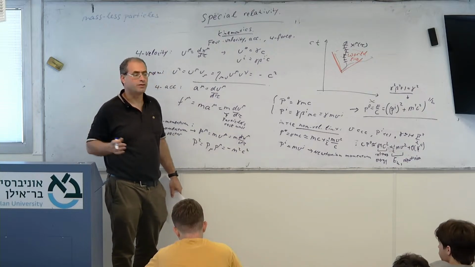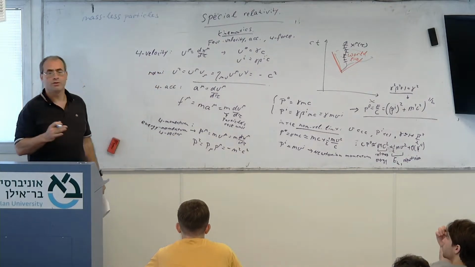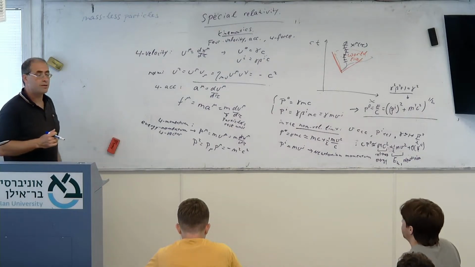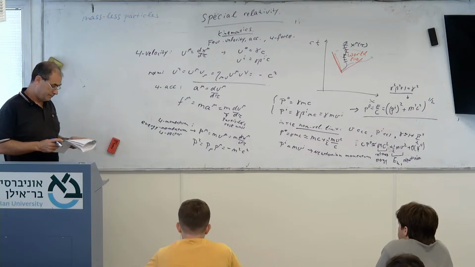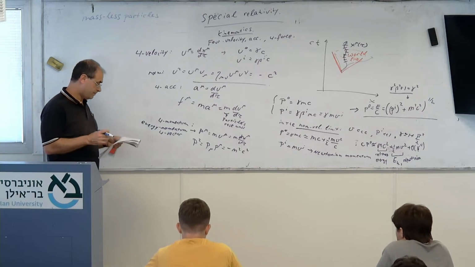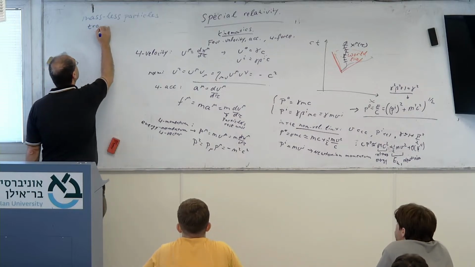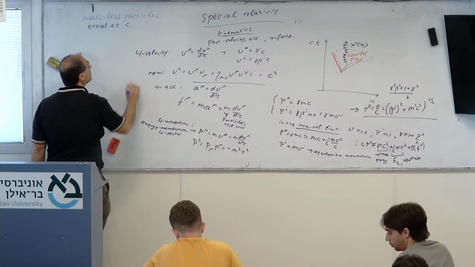Right? No massive particle can travel at c. We are all limited to travel at velocity smaller than c. But massless particles travel exactly at c.